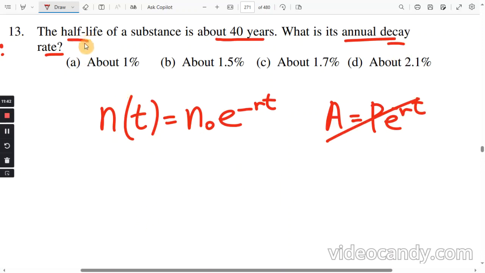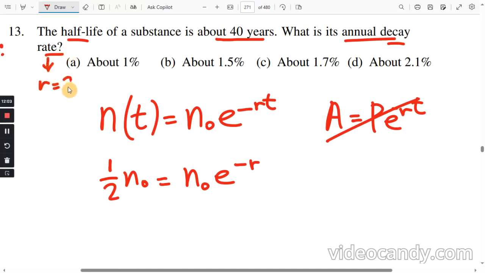If it's easier to remember, A equals Pert, that's fine. Anyhow, half-life means you get half of the original. The original is N sub 0, so half-life is going to be half of N sub 0. And that equals the original, N sub 0, times e to the negative r. Okay, the rate is what we're looking to find. And t is 40 years.